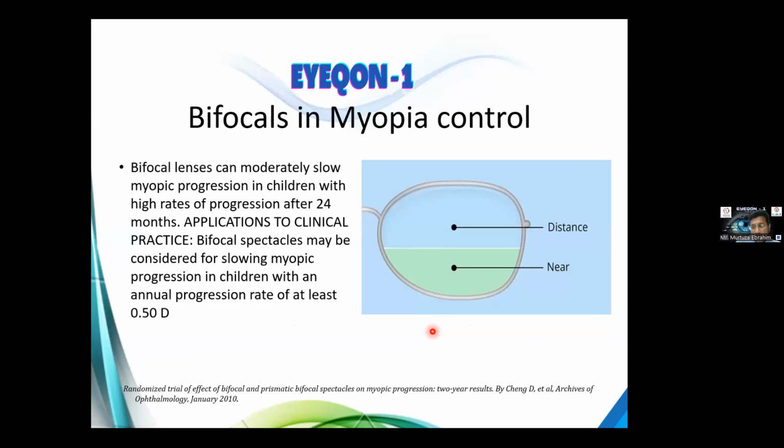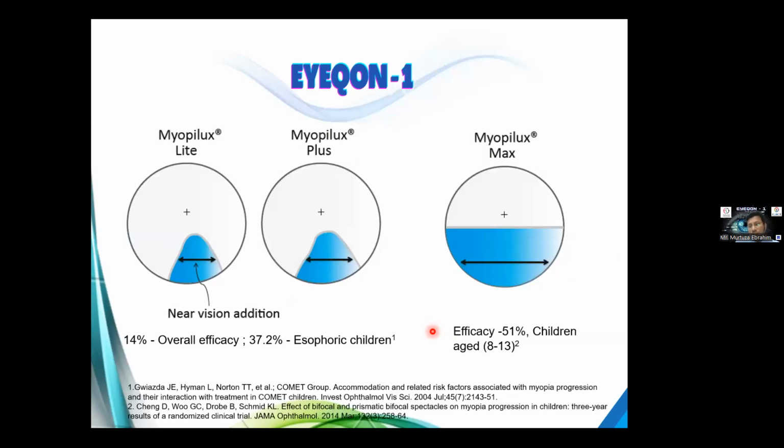The other option in the first generation was bifocals. For progressive myopia, bifocal lenses with addition and prismatic bifocals were also considered. Based on the overall progressive and bifocal combination, there were lenses available in the market, and I have two studies which speak about the efficacy.